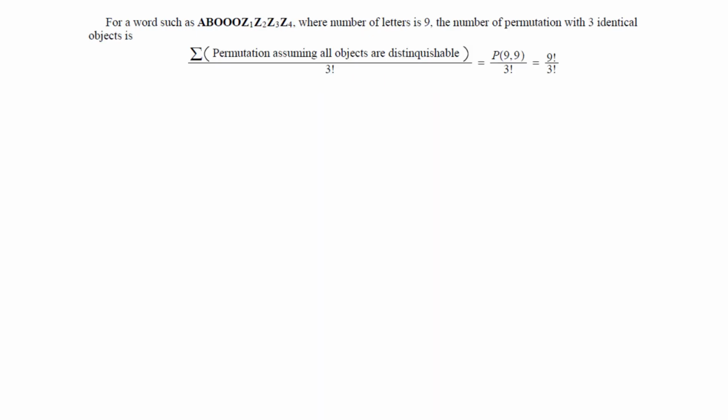Now let us generalize this formula. Let's assume we have this word AB with 3 identical O's and 4 different Z's. We realize that the number of objects is 9 and the number of permutations of this word with 3 identical O's is going to be 9 factorial, which is the number of objects, divided by 3 factorial, which is the number of identical letters.